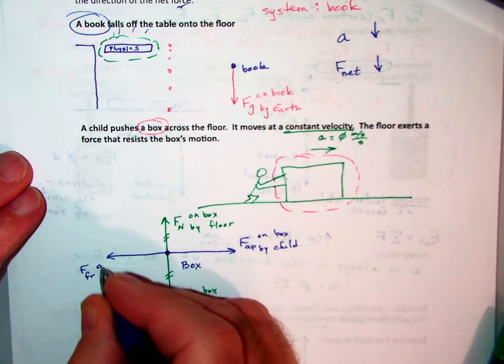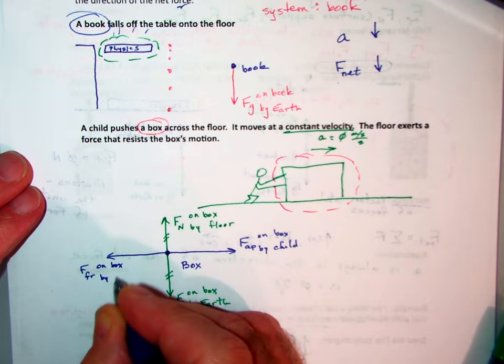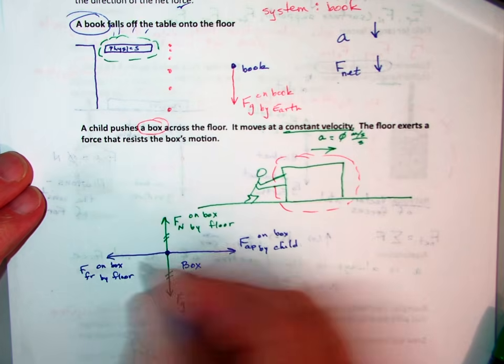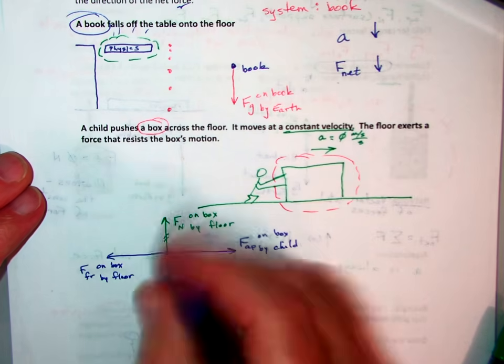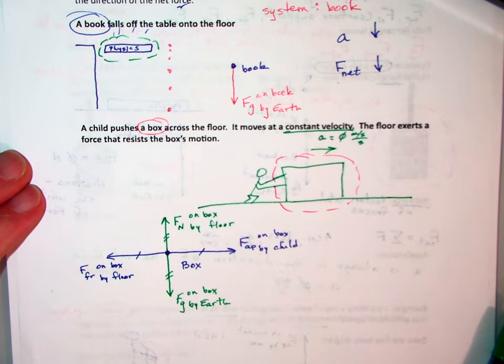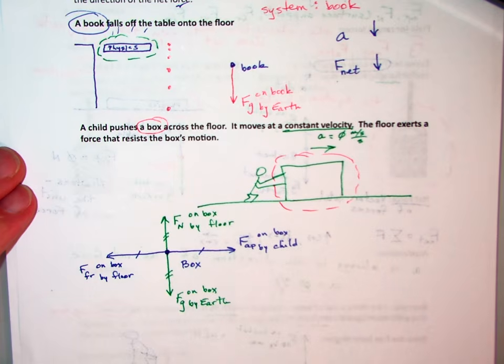But this is a friction force on the box by the floor. And since it is constant velocity and we've determined that the acceleration is equal to 0, the net force left and right must also be equal. And so the friction force must be equal to the force applied on the box by the child.